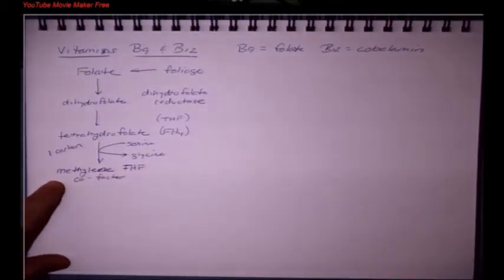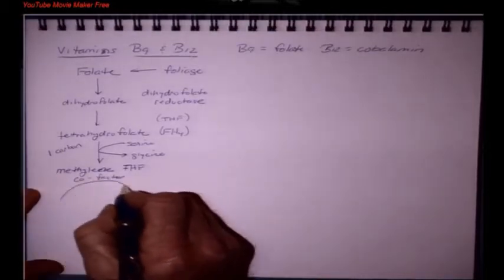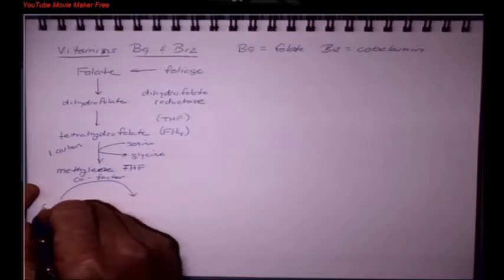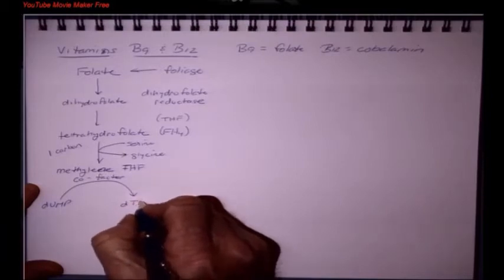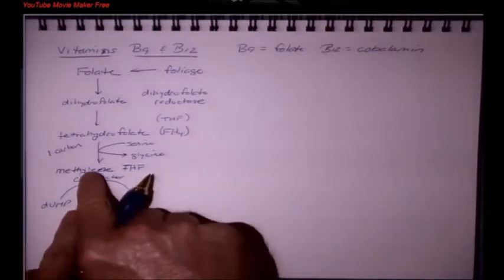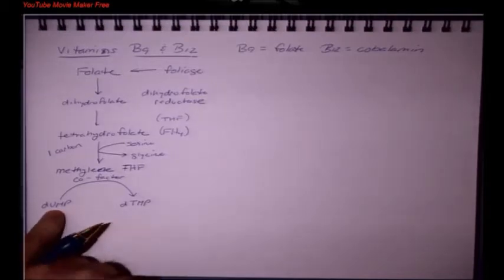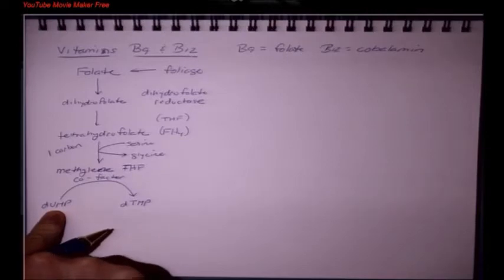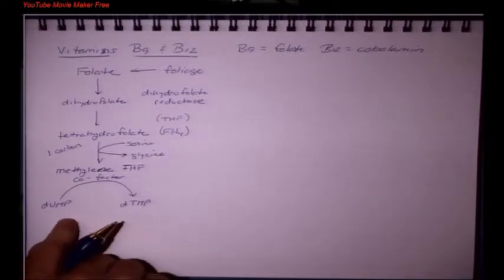And probably the most important one carbon transfer that this is doing is converting deoxy-UMP to deoxy-TMP. So this is simply adding a single carbon. Remember when we were talking about pyrimidine biosynthesis, we took our pyrimidines down to orotic acid, and then we put that onto the ribose sugar, and then we had the base structure that we were going to do all of our modifications on to make all of our other pyrimidines.